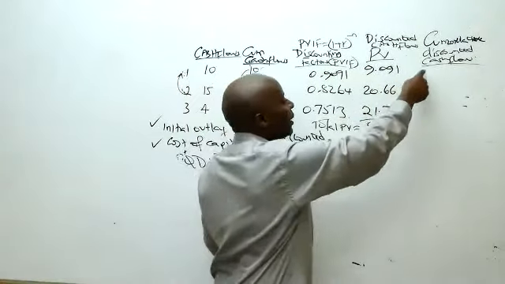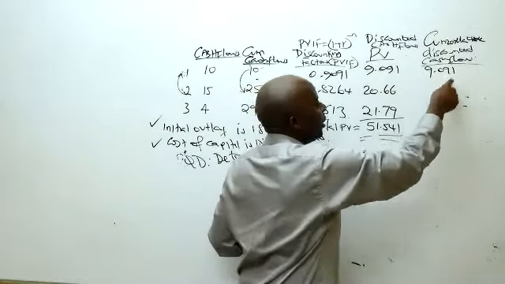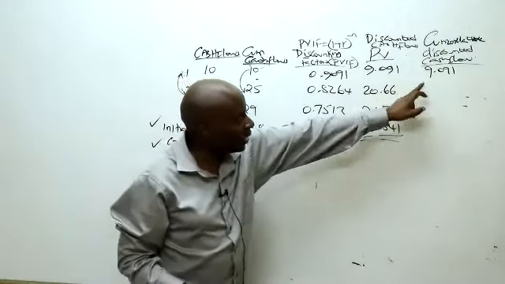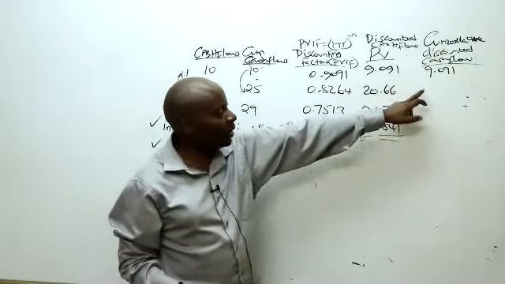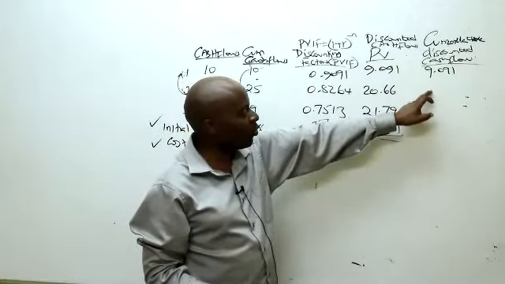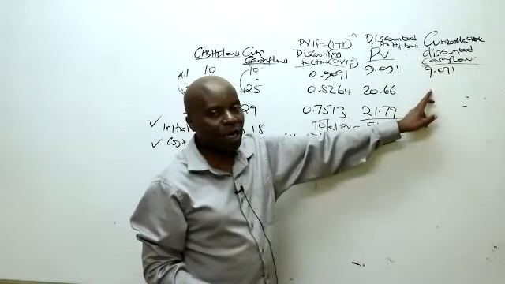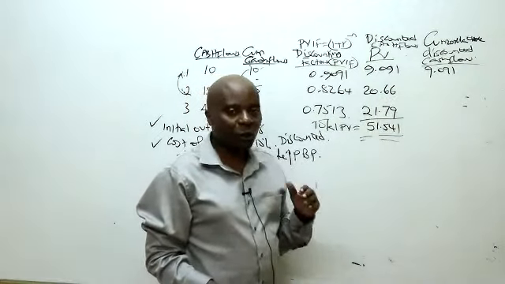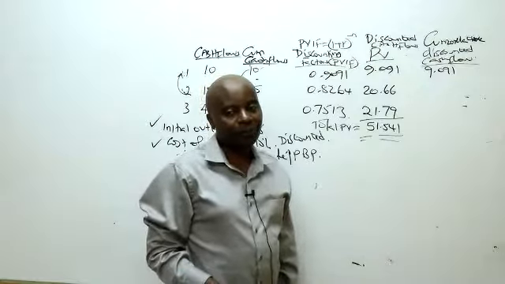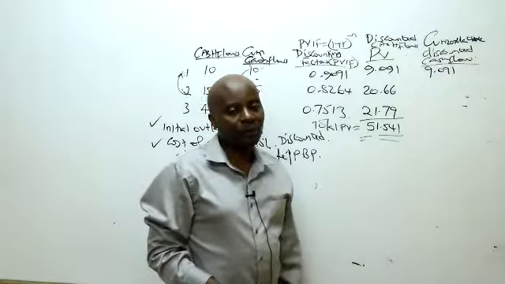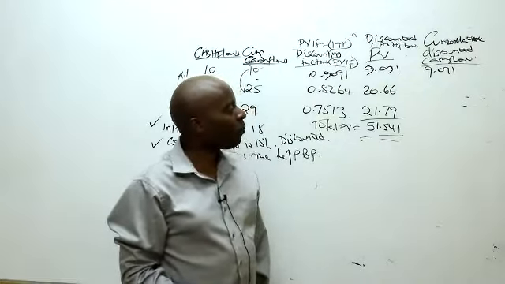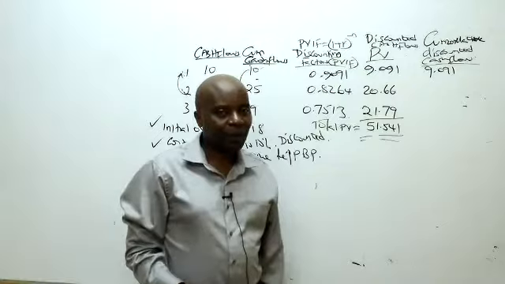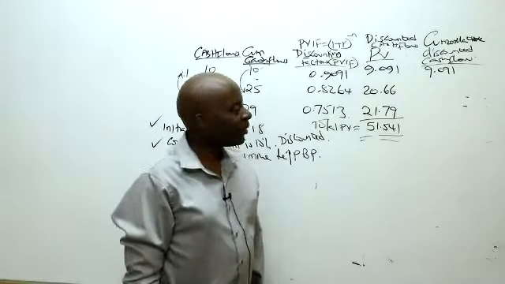So what do we have here? Somebody, 9.091. Add the 9.091 to this figure and give me the cumulative cash flow. 9.091 plus 20.66, what do we have there? 29.75.